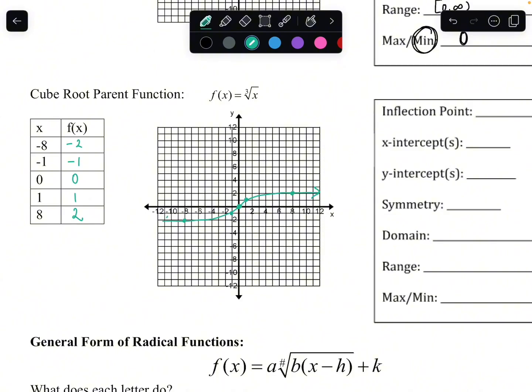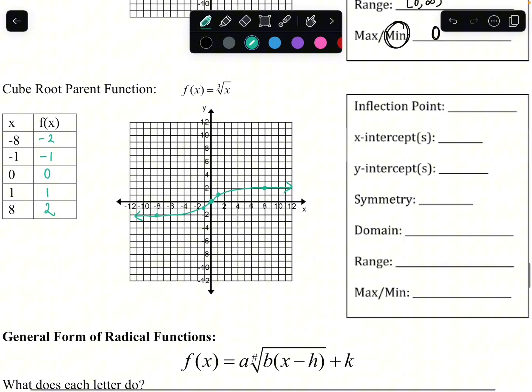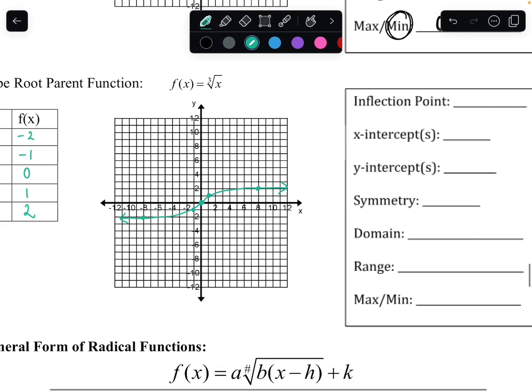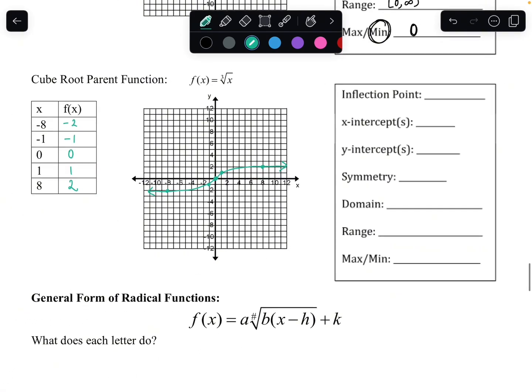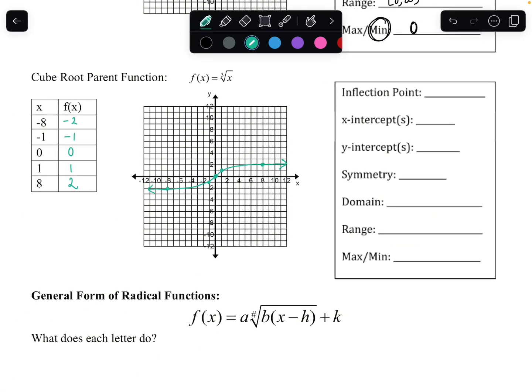And so you're probably seeing some symmetry for the cube root function. It kind of looks like two square root functions, just one is reflected. And so we call this point the inflection point.